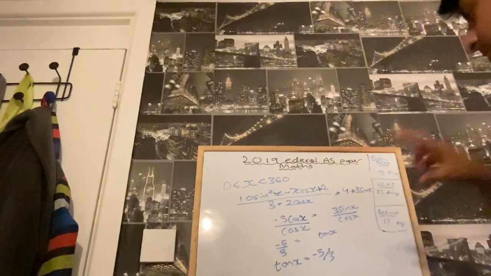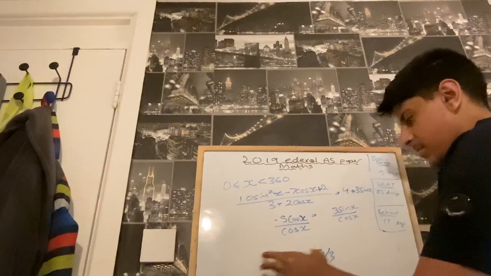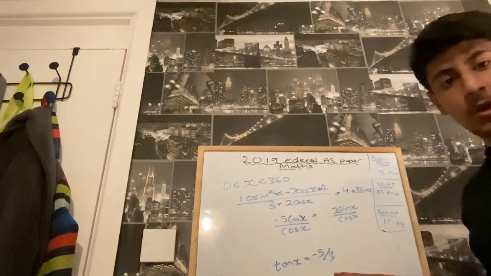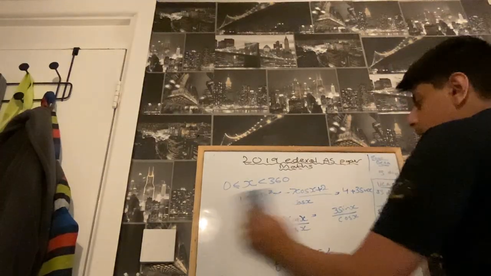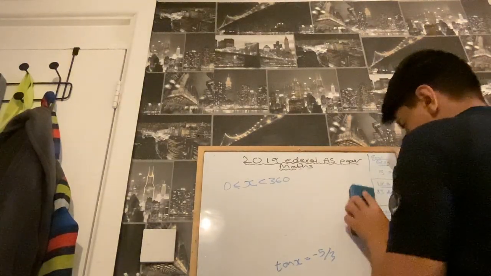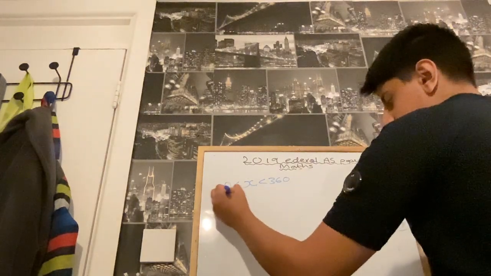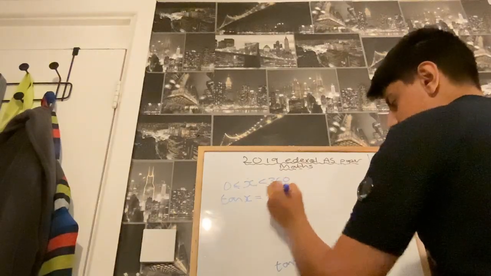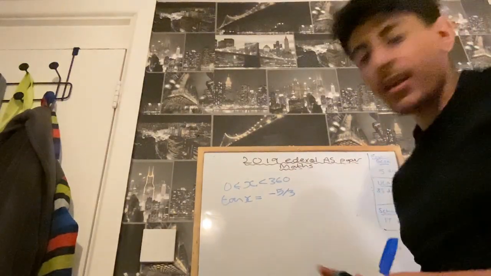So that should be that. Same thing, just rearranged. And so we're left with this. How we would work out x in this scenario is we would do the inverse tan.